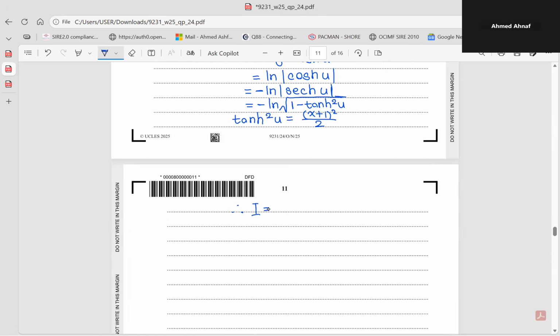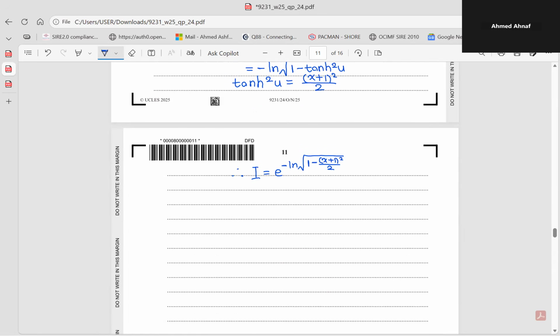So I is therefore just going to be e to the power of minus ln square root of 1 minus x plus 1 squared over 2.